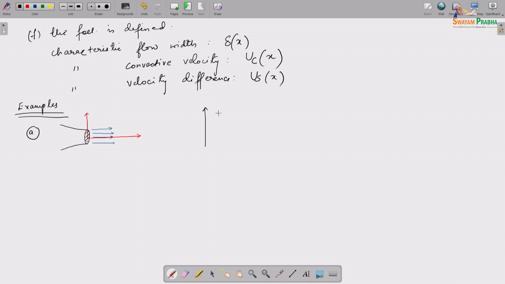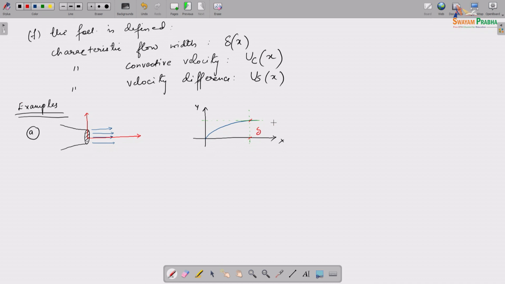This is a boundary layer. So this is y. Let's just say I have this. Now we'll take some location here, some location here, and this of course is the delta.